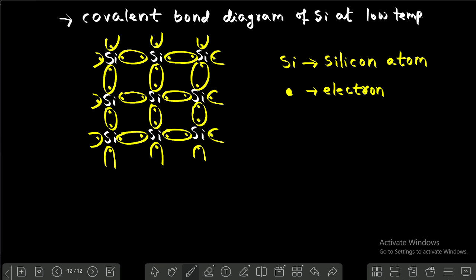Note it down, all of you. Now some other points we will write: current conduction. How current conduction takes place in an intrinsic semiconductor.